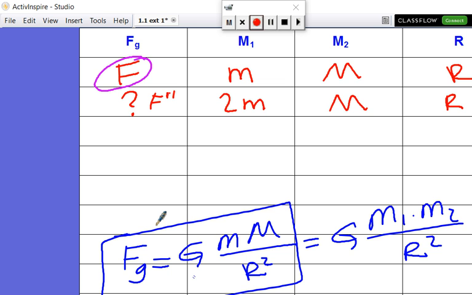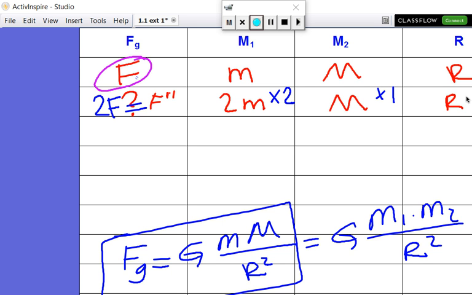Since the relation is such that doubling the mass doubles the force, keeping the other mass the same keeps it the same, and keeping the radius the same keeps it the same, the new force is 2 times F. So the new force is indeed 2 times the original force.